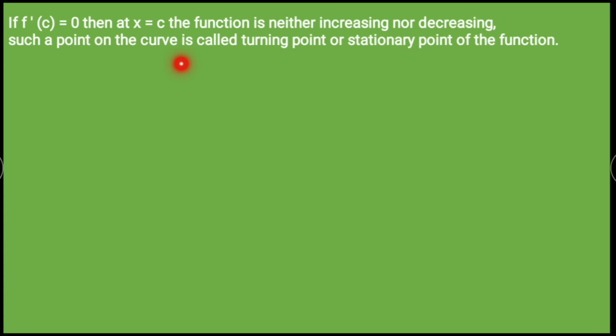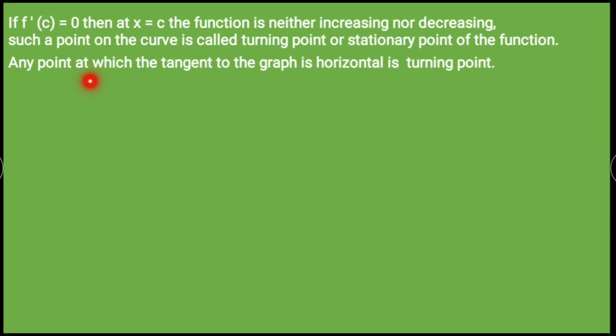Such a point on the curve is called turning point or stationary point of the function. So this point is called stationary point, where the derivative of that function is 0. That means the function is neither increasing nor decreasing. That point we call turning point or stationary point. Any point at which the tangent to the graph is horizontal is a turning point.